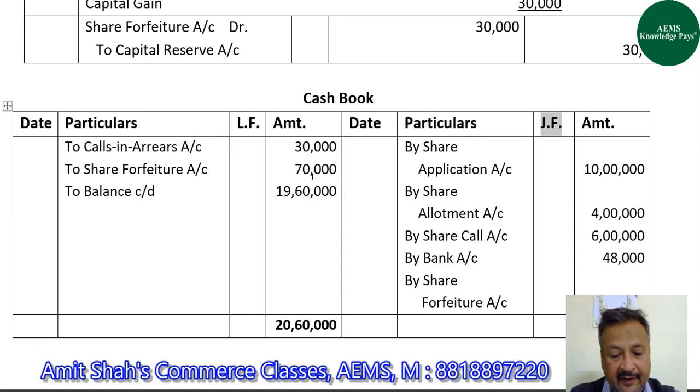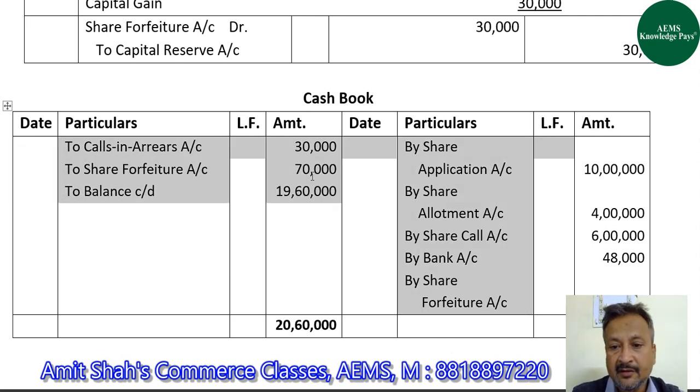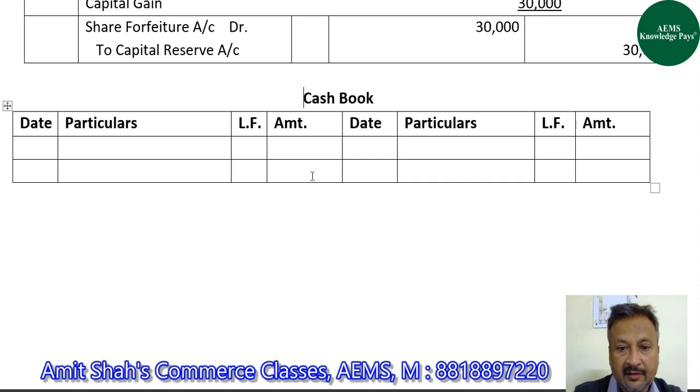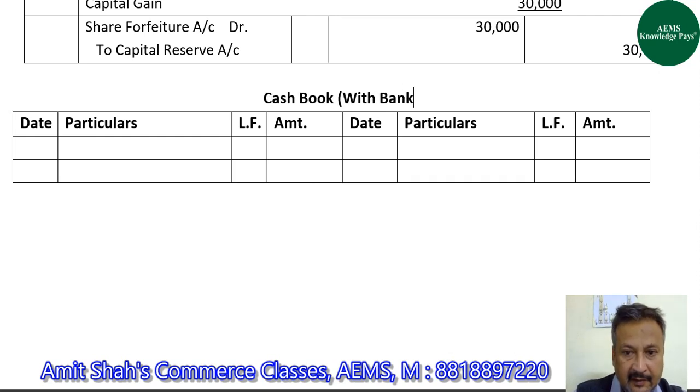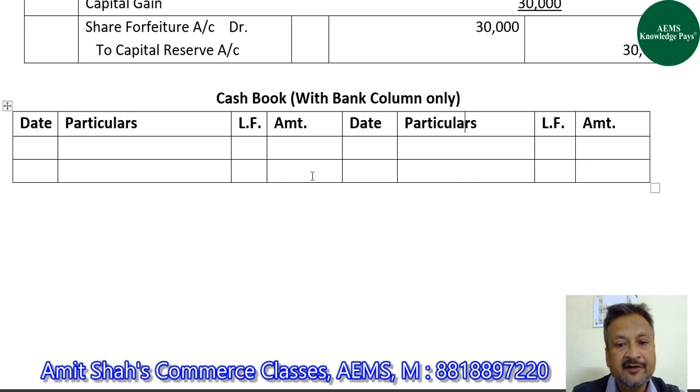LF, not JF. Here we have LF, because cash book itself is a specialized journal. So its reference will go to respective ledger account, right? With bank column only. This is how we should mark it, right?